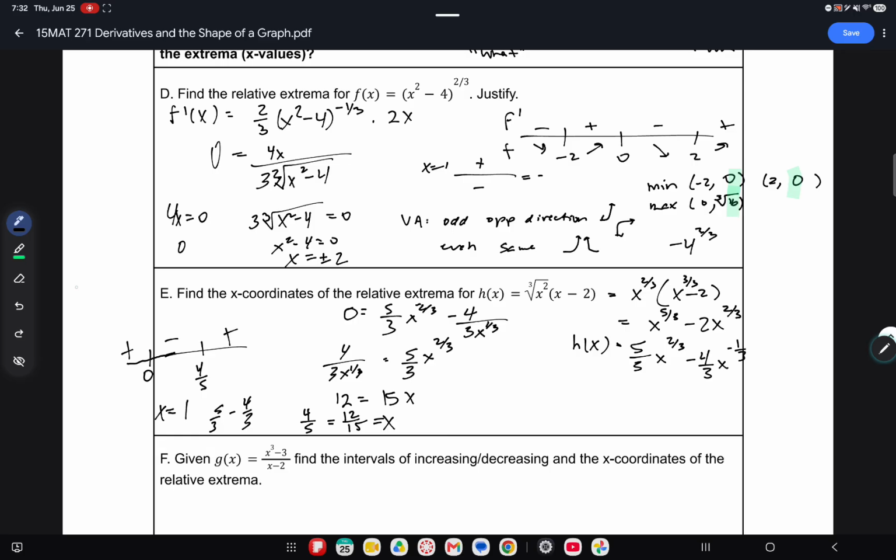So we can say, all right, we have a maximum at x equals 0 and a minimum at x equals 4/5. And there we have it.